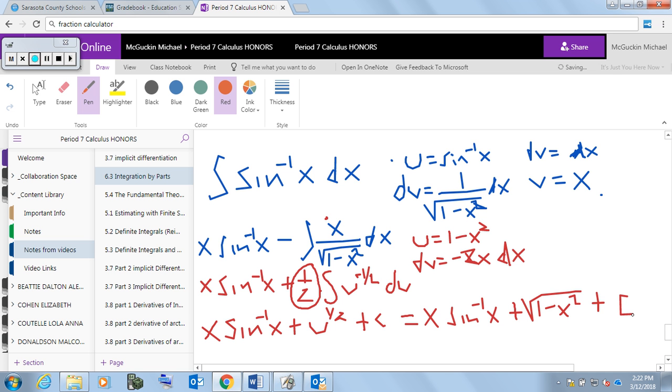Alright folks, that wraps it up for us: integrating the antiderivative of sine inverse, integrating inverse trig functions by parts. On to the next one.